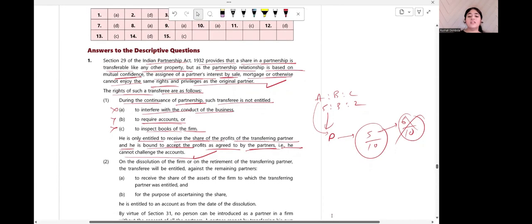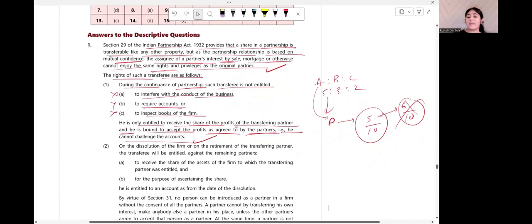Then on the dissolution of the firm or on retirement of the transferring partner, the transferee will be entitled against the remaining partners. What will he be entitled to? To receive the share of the assets of the firm which the transferring partner was entitled to.